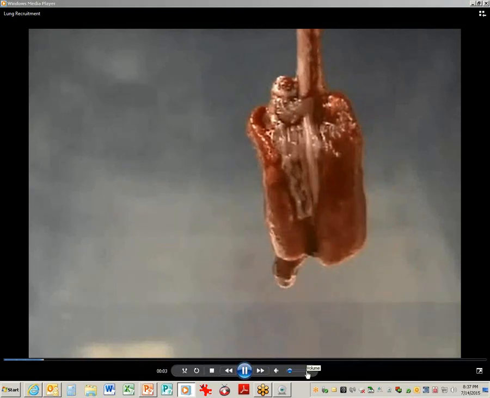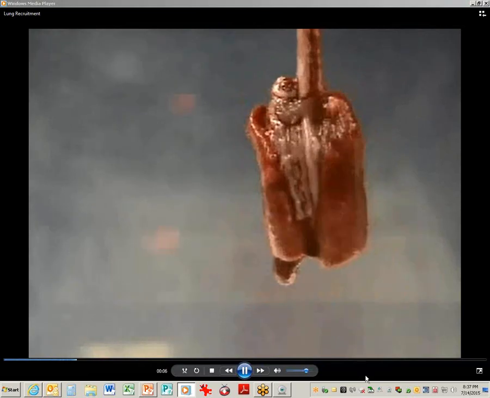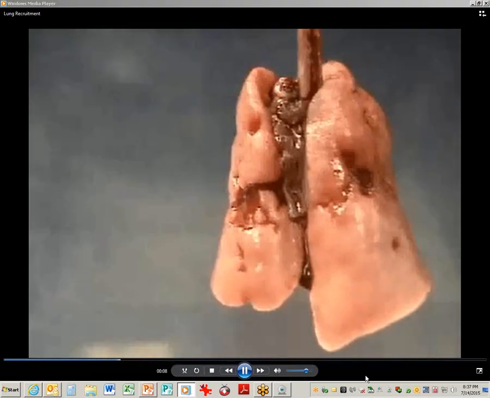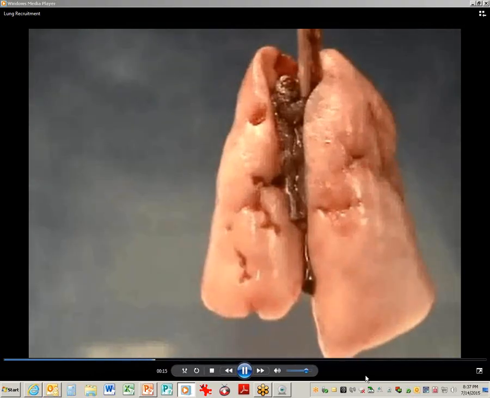So here's this rat, and they're ventilating it. And we're going to go to 15 of peak now. 15 of peak. That's a lot. But with every breath, look how much more lung tissue they recruit.